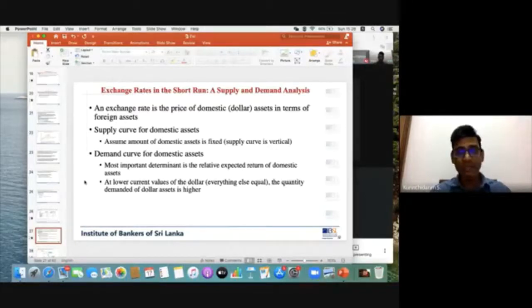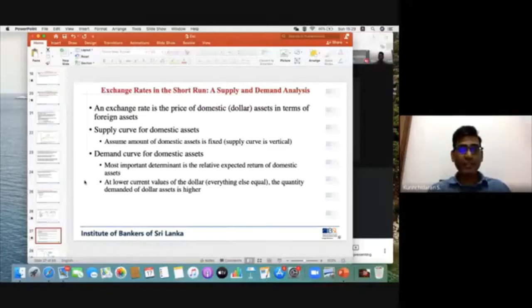So money supply is fixed, so the supply curve is vertical. In the interest rate analysis, we saw that the money supply is fixed, so the curve is vertical. Here also we take dollar as the domestic asset, so the supply curve is vertical because the supply is fixed.